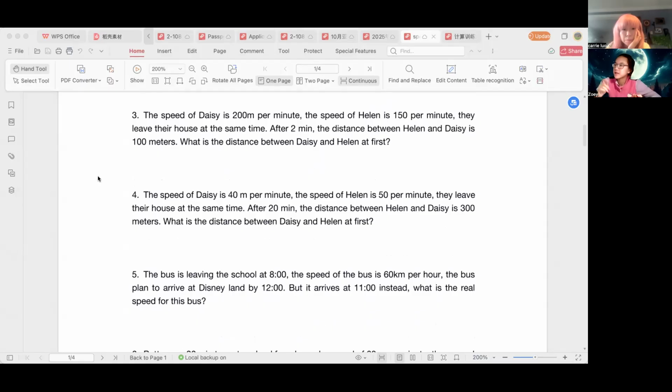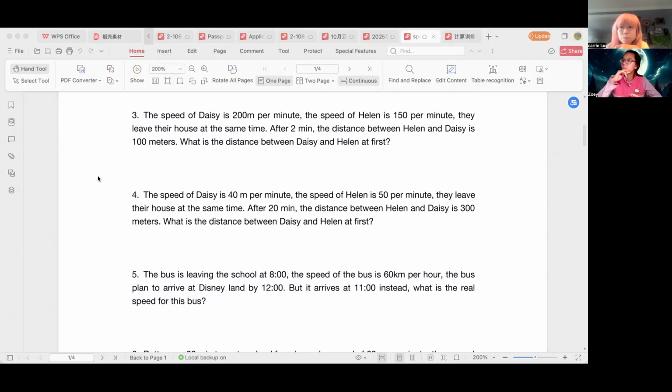The speed of Daisy is 40 meters per minute. The speed of Helen is 50 meters per minute. They leave their house at the same time. After 20 minutes, the distance between Helen and Daisy is 300 meters. What's the distance between Helen and Daisy at first?